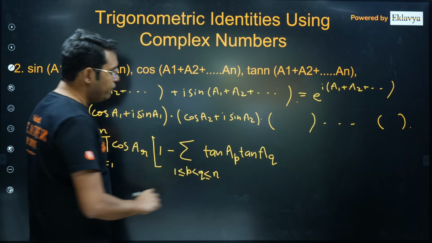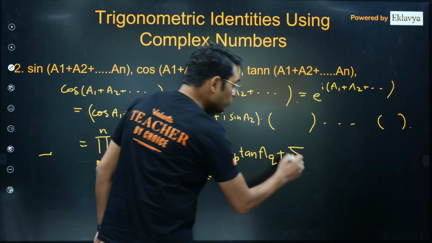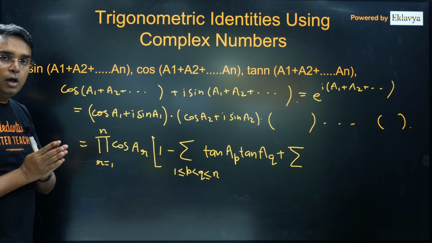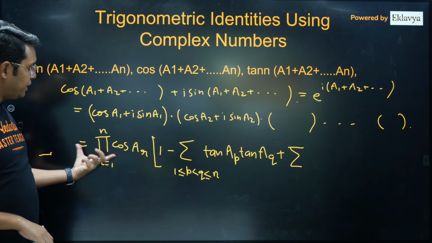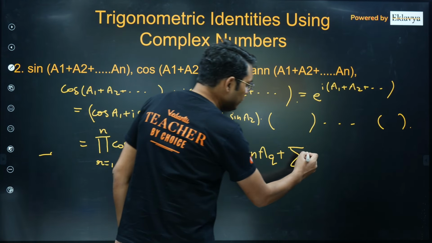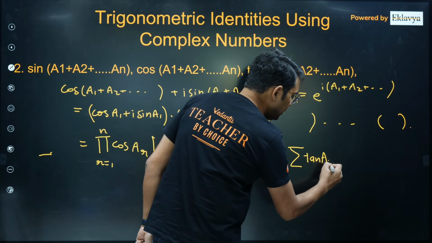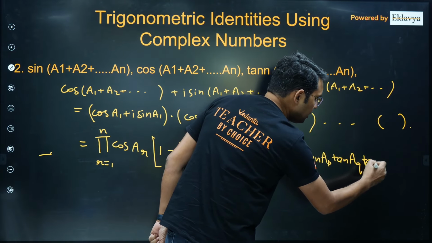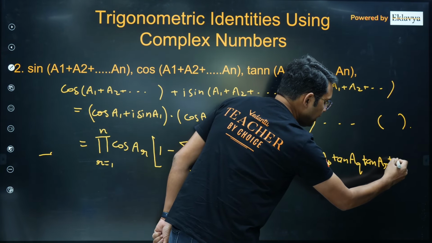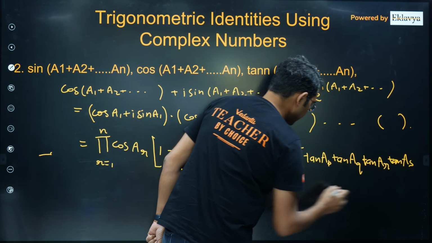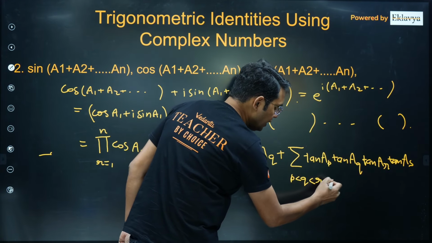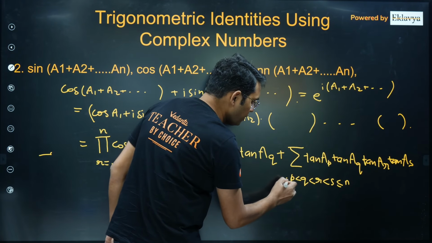Similarly, when you are multiplying 4 sines, then iota power 4 will become +1, and the remaining cos, and when you take cos common, this will give you 4 tans: tan AP, tan AQ, tan AR and tan AS, where P is less than Q, less than R, less than S, less than or equal to n, and greater than or equal to 1.